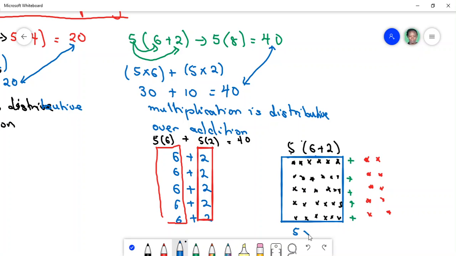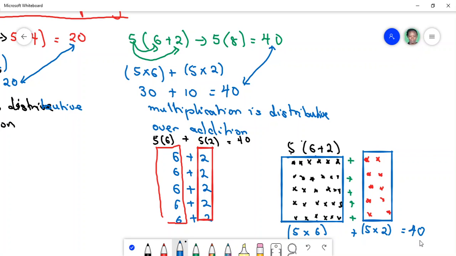I have 5 times 6 here plus, and this has 2, so I have 5 times 2 of that. If you add up, you get 40.